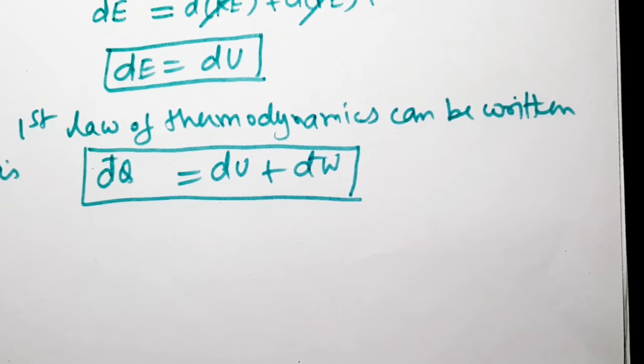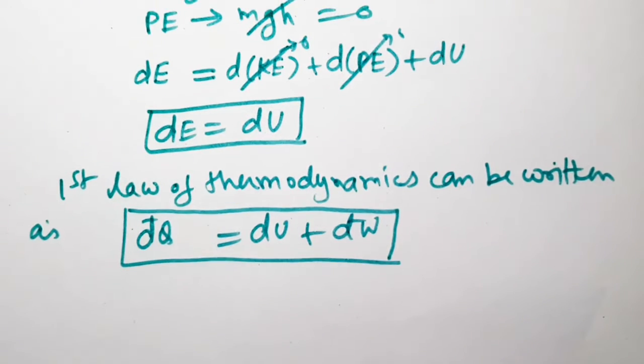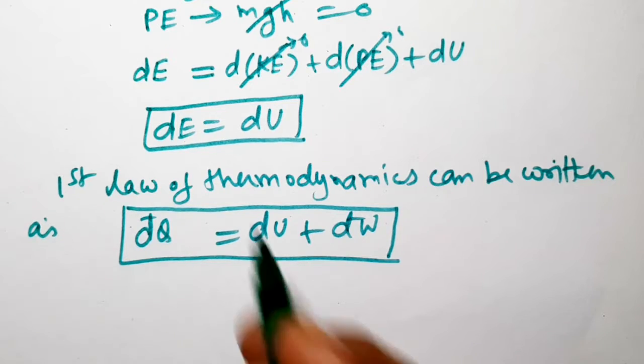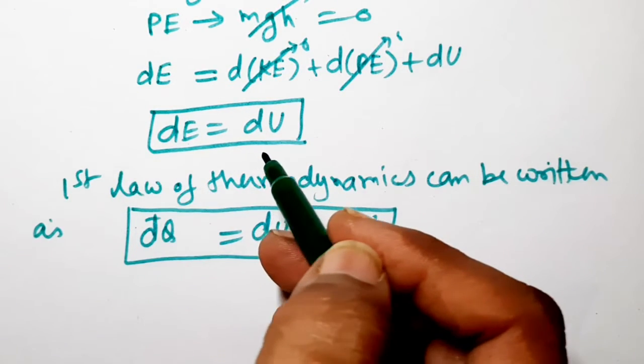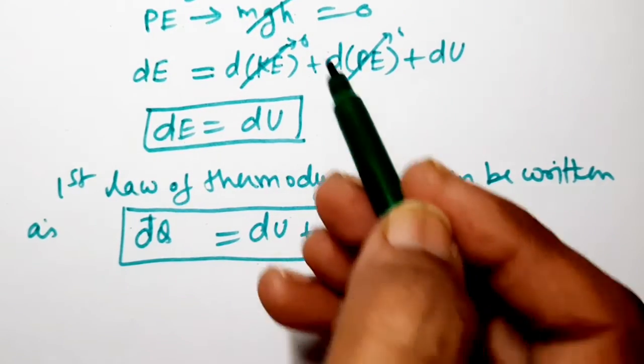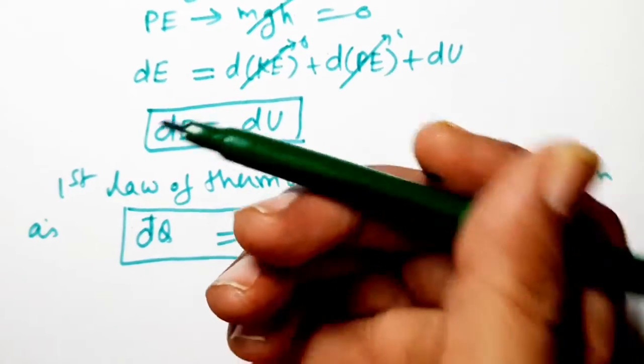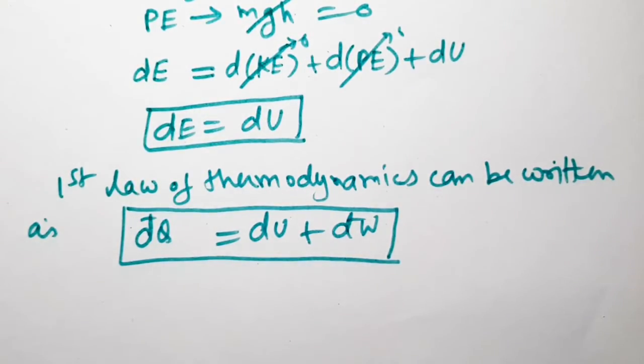So the total energy is equal to the internal energy if velocity is neglected and gravity effect is neglected.